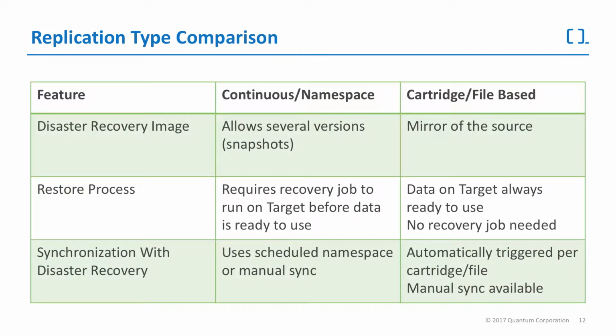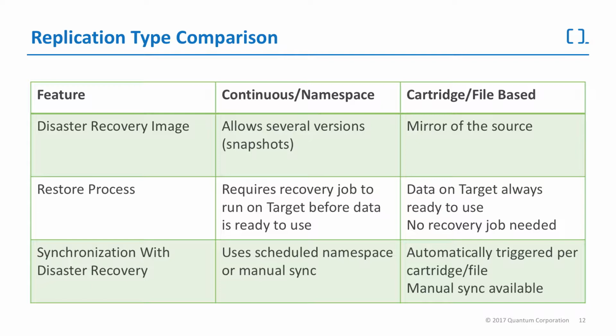What replication type is best for your data depends on what features you want. If you want a disaster recovery image, continuous namespace allows for several versions or snapshots, while cartridge file-based replication is a mirror of the source. Regarding a restore process, continuous namespace replication requires a recovery job to run on the target before data is ready to use.